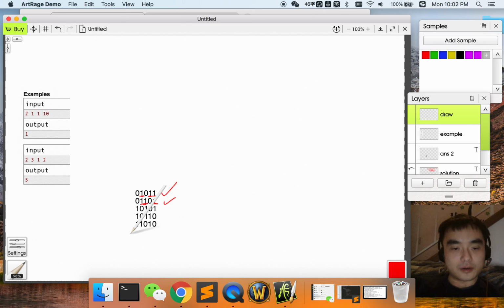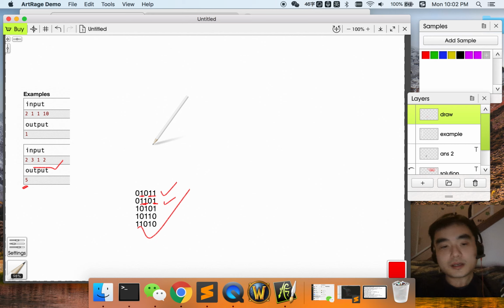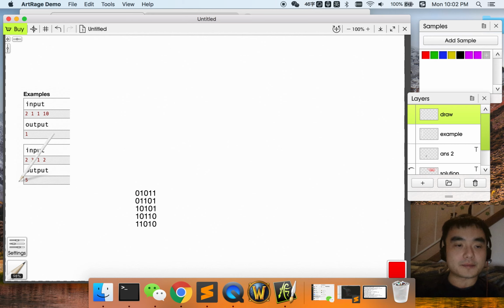All good. So in total, we got 5 different arrays that satisfy all these constraints. So how do we find the number of valid arrays? To answer this question, we usually use dynamic programming.